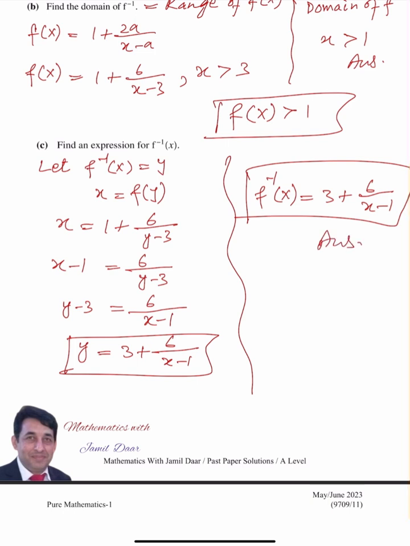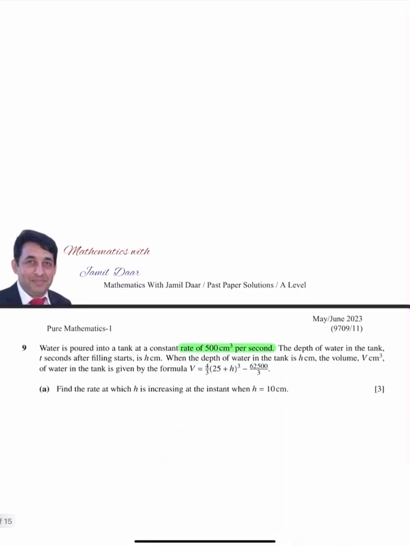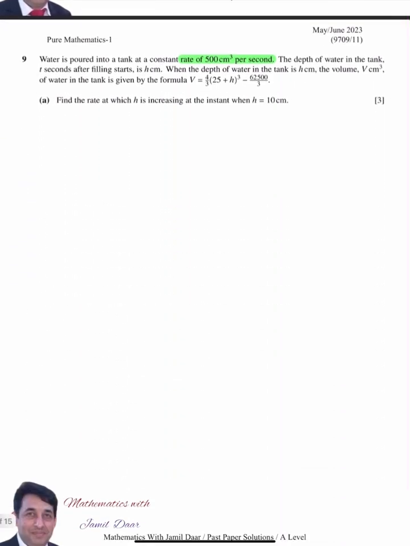If you move to the next question, that's question number 9. It says water is poured into a tank at a constant rate of 500 centimeter cubed per second.